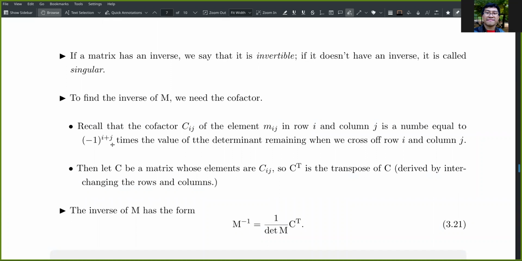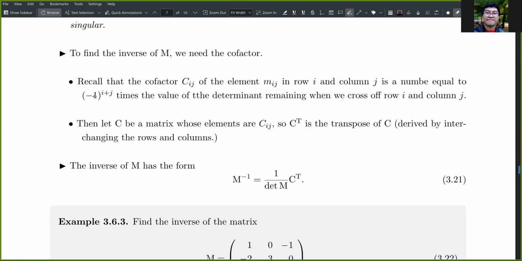To find the inverse of M, we need a cofactor. We've discussed this previously. Recall that the cofactor Cij of the element Mij in row i and column j is a number equal to -1 to the power of i plus j times the value of the determinant remaining when we cross off row i and column j.